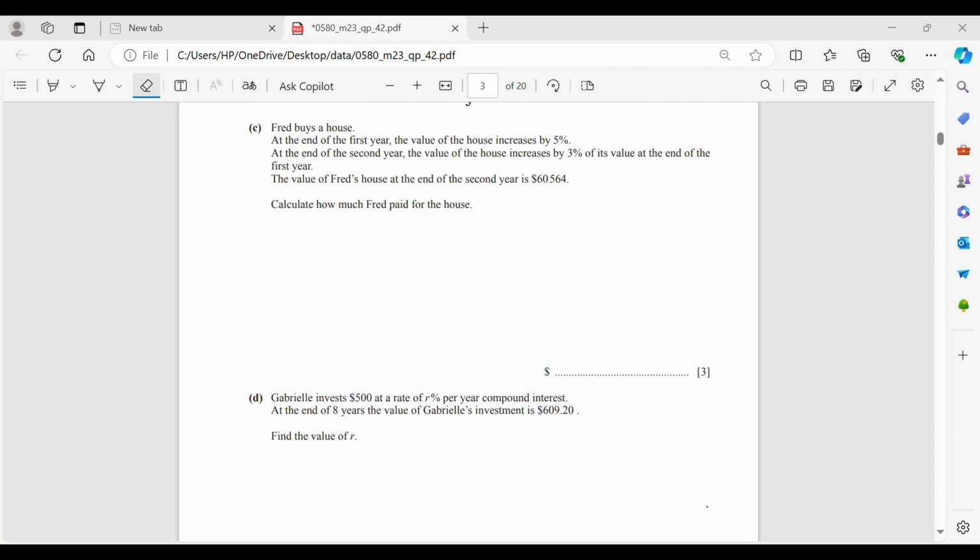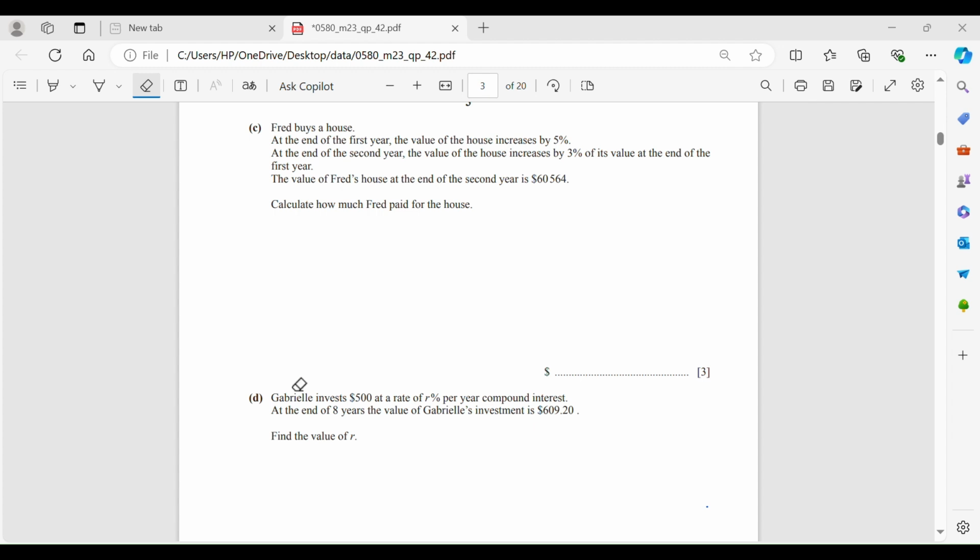Next, C part. Fred buys a house. At the end of the first year, the value of the house increased by 5%. At the end of the second year, the value of the house increased by 3% of its value at the end of the first year. The value of Fred's house at the end of the second year is $60,564. Calculate how much Fred paid for the house. So we need to find the actual amount of the house, right?